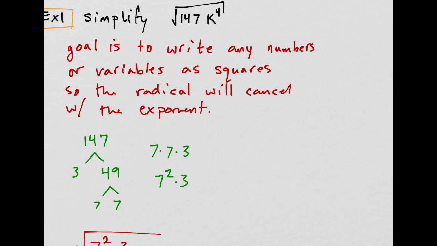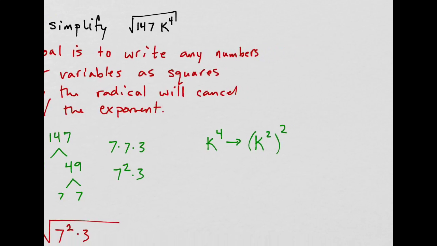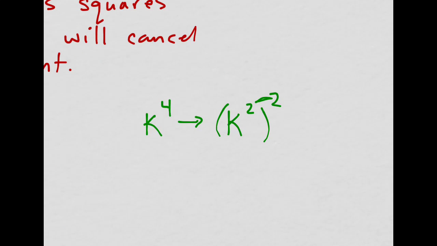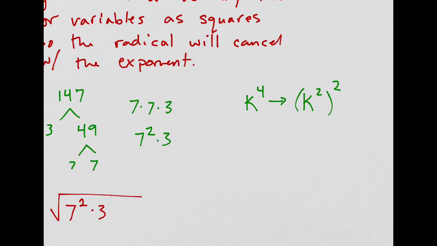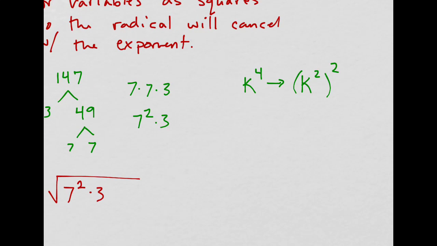I'm trying to write this as something squared, and I already know that k squared squared is the same thing as k to the 4th. When you have a power of a power, you multiply the exponents, and it would go back to k to the 4th. So I can just rewrite it like this: k squared squared.